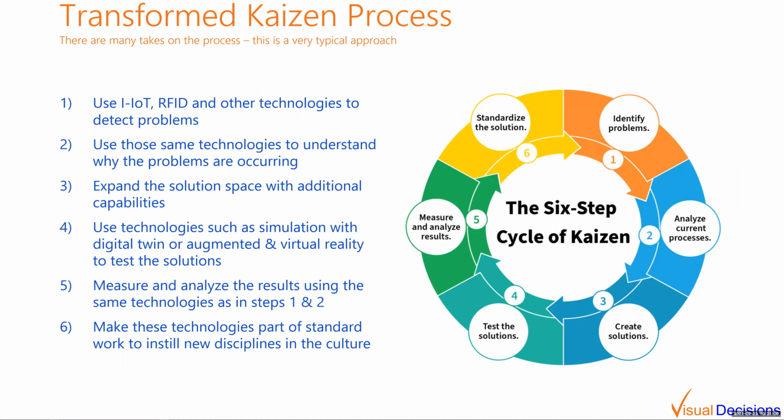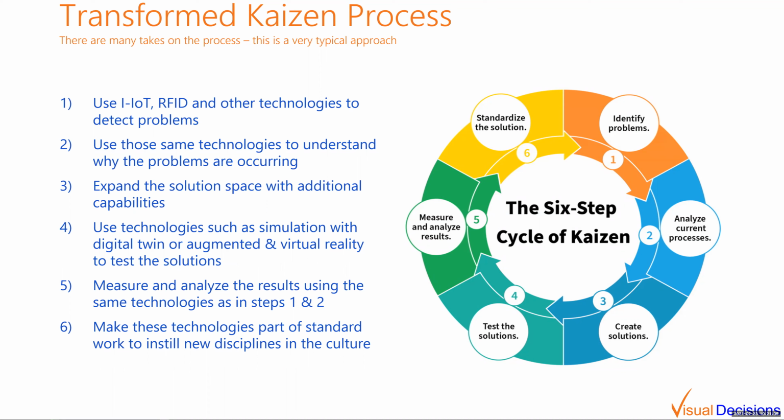And so with Kaizen, this is a very typical 6-step cycle. What I do is I identify my problems, analyze the current process, create solutions, test the different solutions, measure and analyze the results, and then standardize that across my different processes. And what we have found is that Industry 4.0 and having that data from the process improves each and every single one of these different steps.